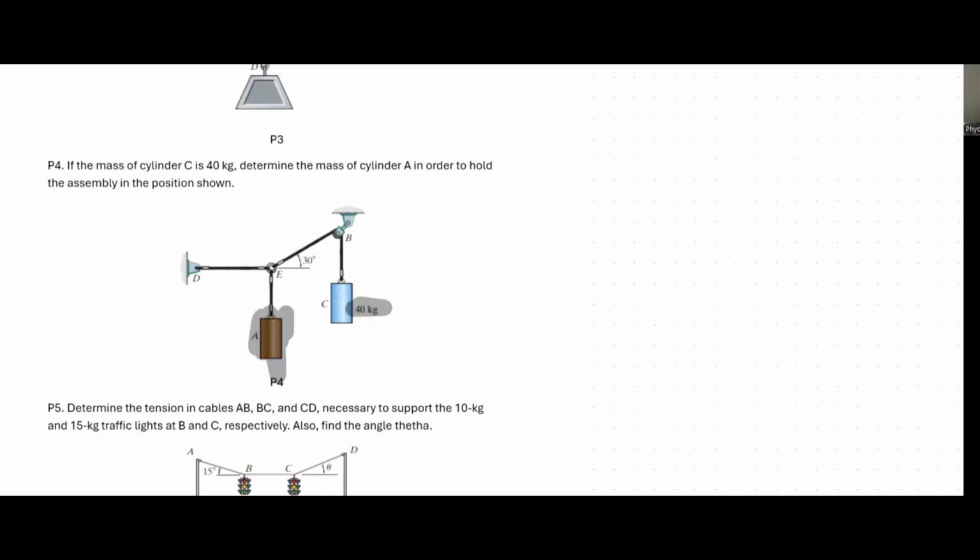So here we're going to do this. This is our free body diagram.